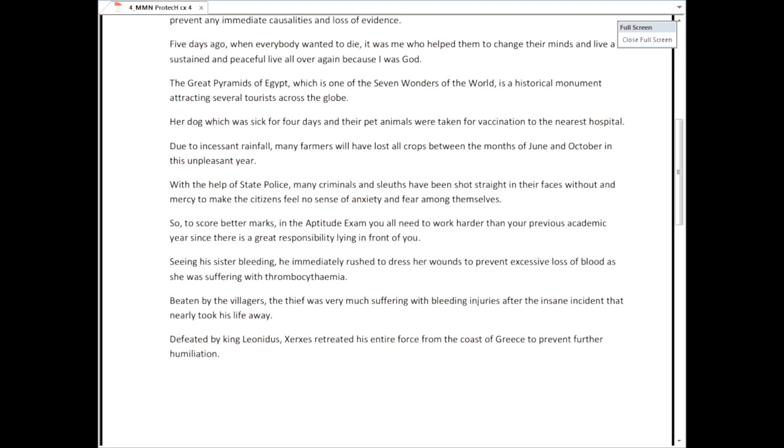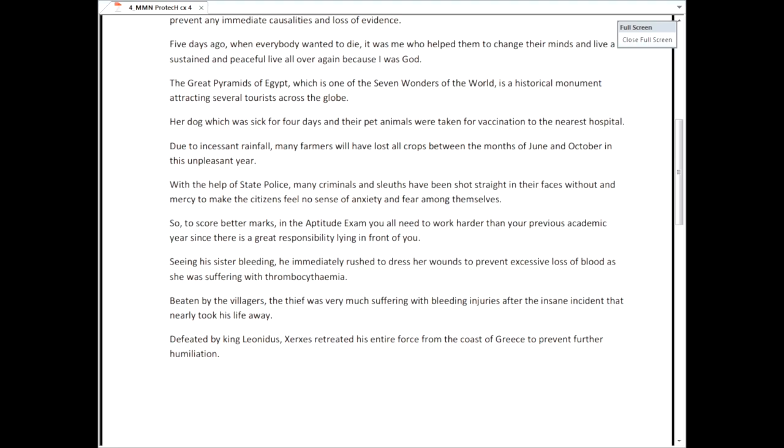That's it. So let us do it carefully now. As I read, you make the picture. Okay. Due to incessant rainfall, many farmers will have lost all crops between the months of June and October in this unpleasant year. Okay. Got it? Yeah. You want to try? Yes. Okay, read first.